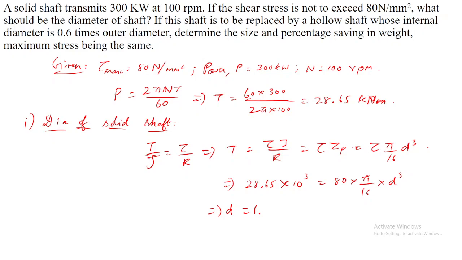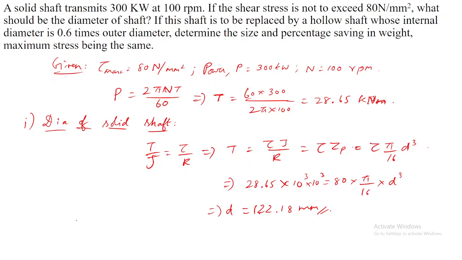Here you have to take care that the torque is in meter units, so you have to take care of the 10 to the power of 3 to get mm. So you should be getting 122.18 mm. Yes. Okay. 122.18 mm is the diameter of the solid shaft.